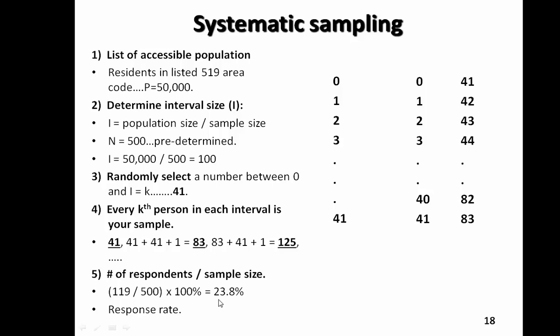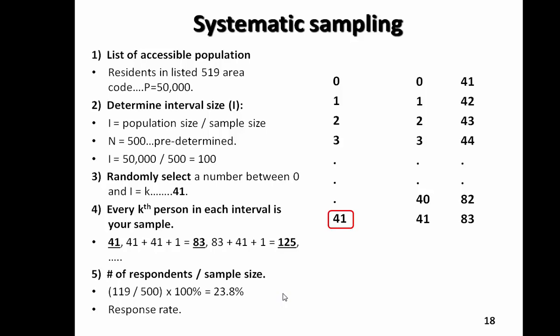In this situation, we have a 24%, or 23.8 rounded up to 24%, response rate, which is very typical of response rates when accessing large populations to complete a survey or questionnaire.